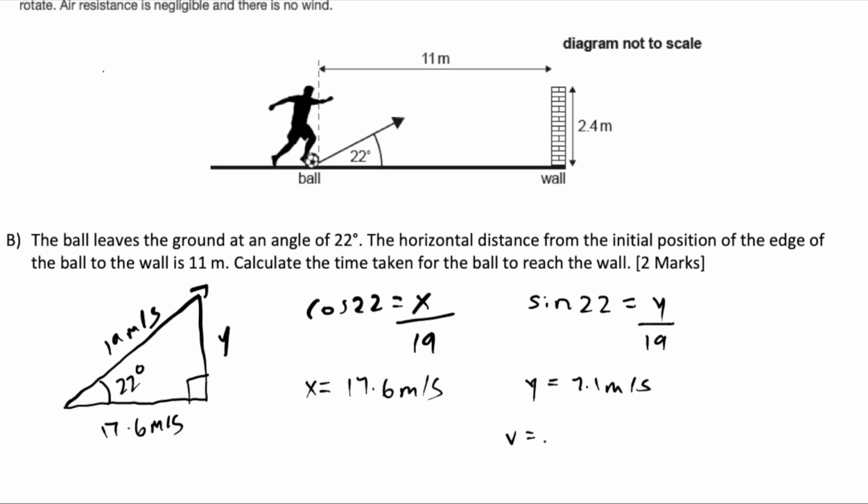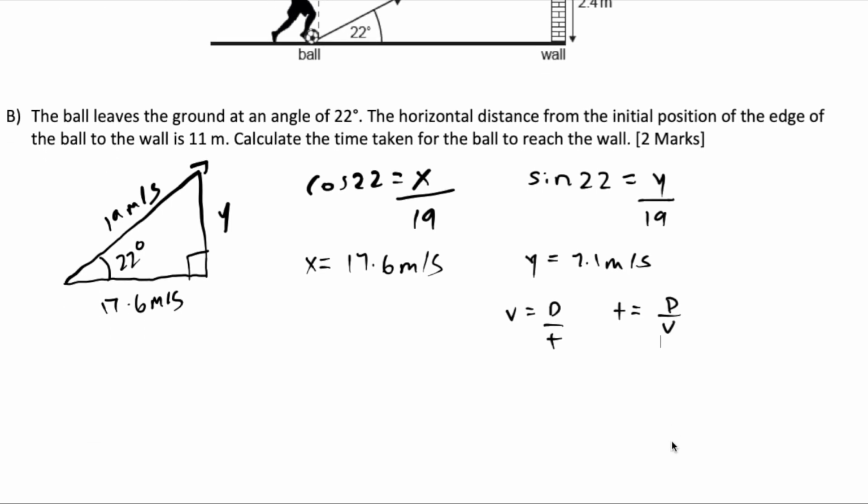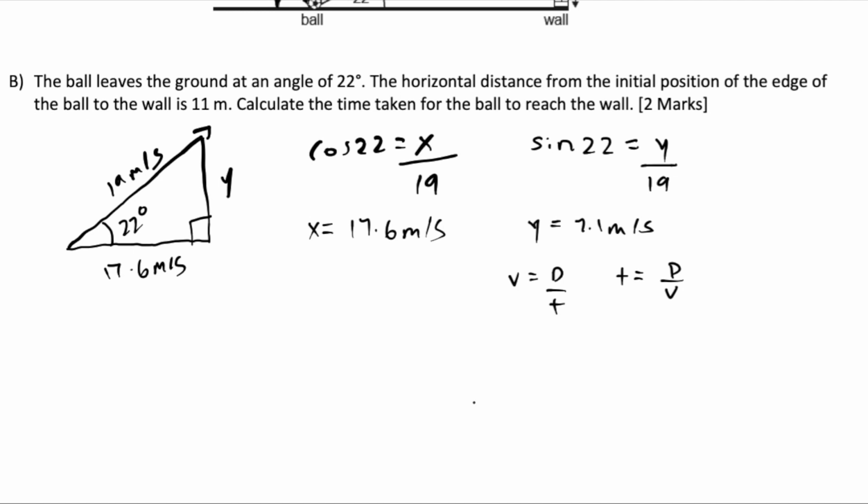V is equal to distance over time, or otherwise T is equal to distance over speed. And that's directly what we can do in this question because our speed is constant. So time will be given as distance, 11 meters, which is given in the question, divided by our x, which is 17.6. This would be our time.